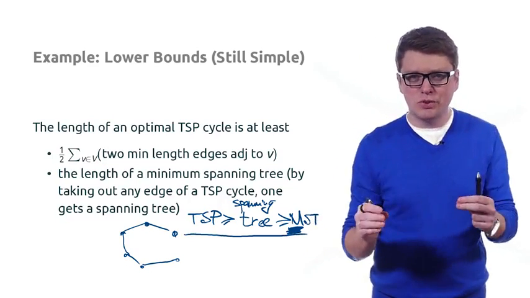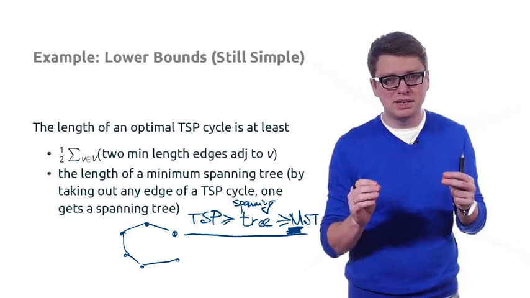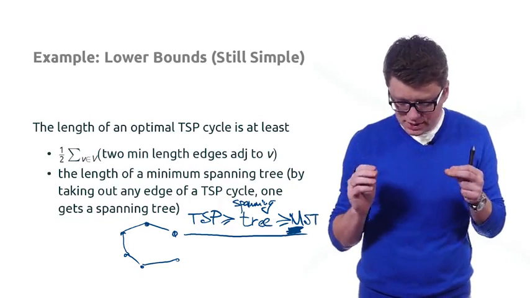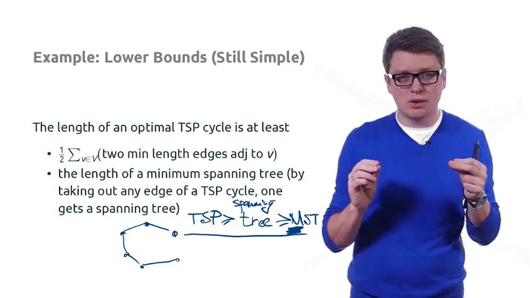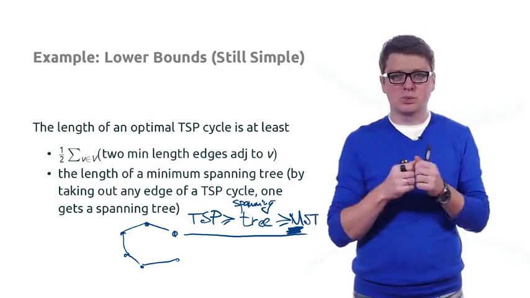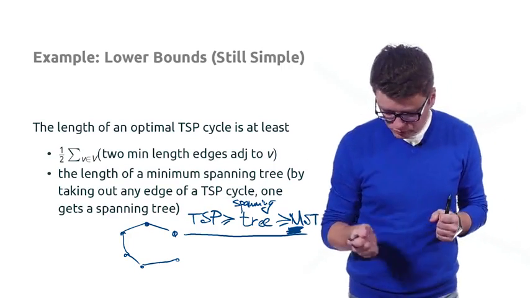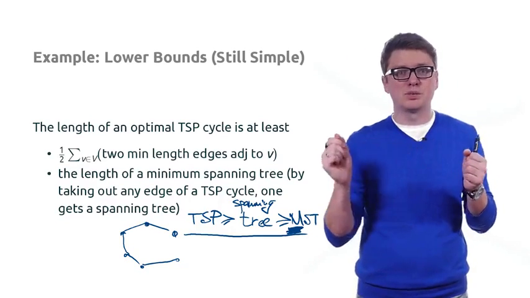And as you probably remember, the minimum spanning tree can be computed very efficiently, almost in linear time. So it is quite easy to compute a minimum spanning tree, even for graphs with thousands of edges. It can be computed just in a greedy fashion. We keep taking edges one by one, starting from the lightest one.